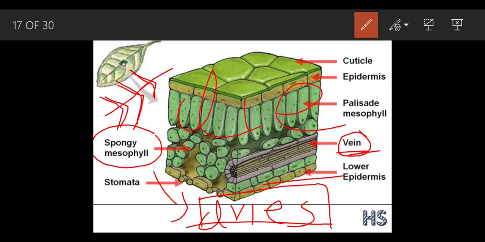So this vein is the primary source of the plant, whose function is to replenish the leaves. This is the mechanism of the leaf. Now we are going to discuss the cuticle in detail, so let's keep it on hold right now.